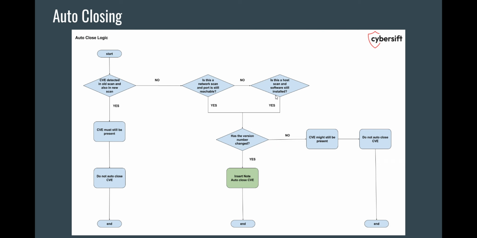But let's say that there is a host scan, the software is installed, and the version number changed. If the version number didn't change, it's probably some other problem, because typically vulnerabilities get resolved on patching, so the version number changes. If it has changed, then we auto close the CVE.